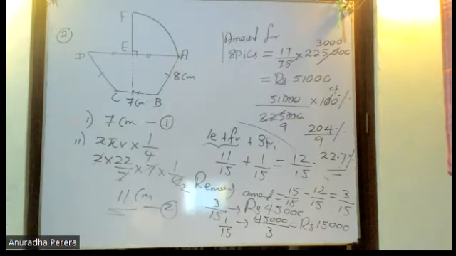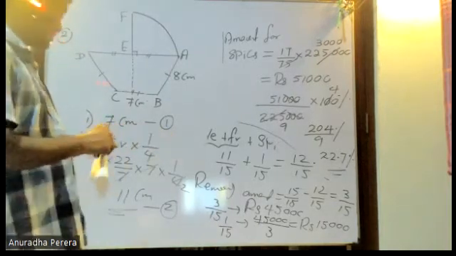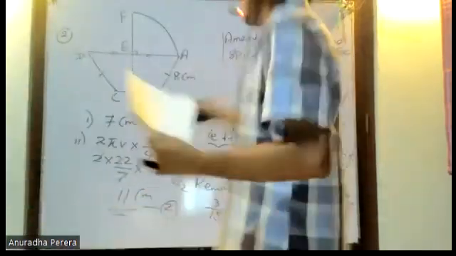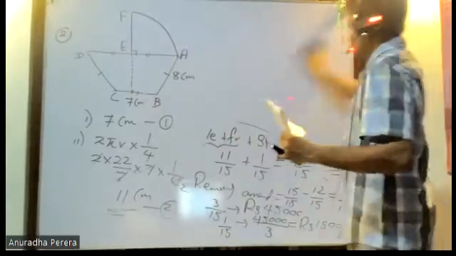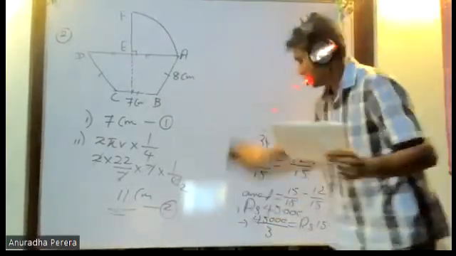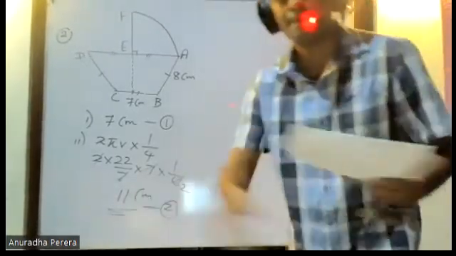Third one. If a strip of ribbon is to be fixed around the border of the wall hanging, find the minimum length of ribbon that is required. We need the perimeter of this wall hanging. Perimeter, right?